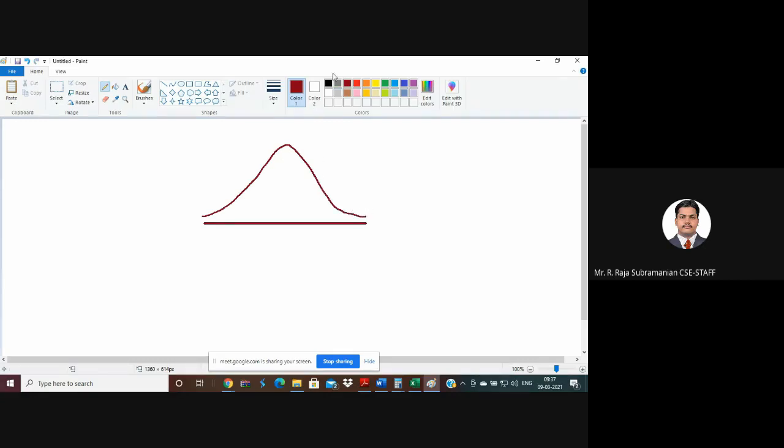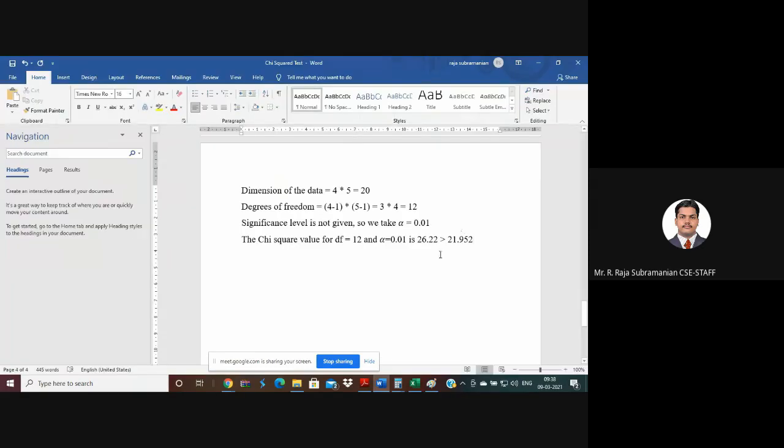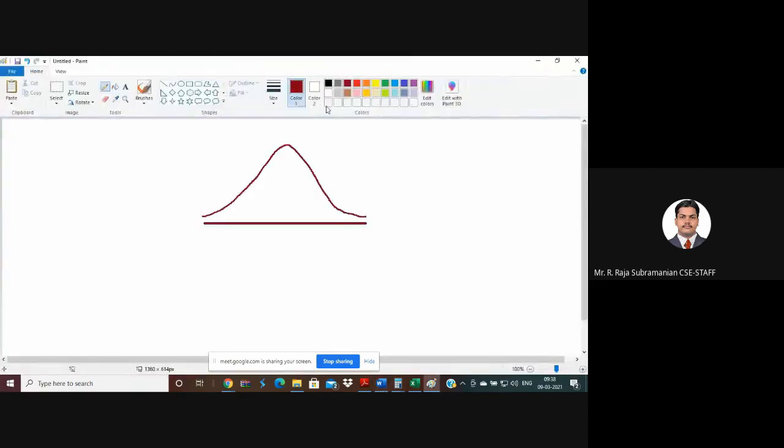Yes, I draw it. Now the distribution says that anything above 26.22 is going to be rejected. I say that it is going to be here, that is 26.22.